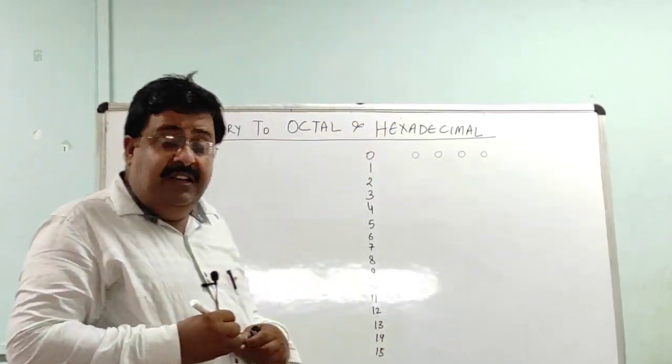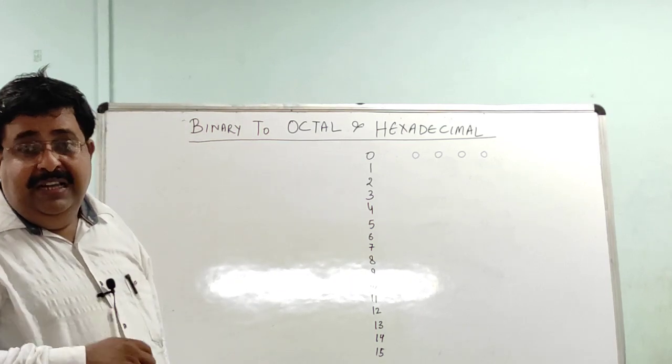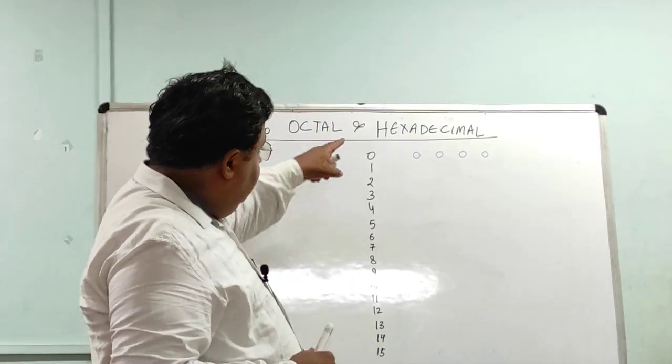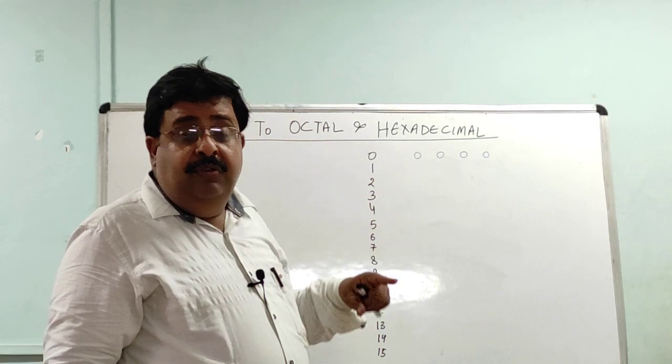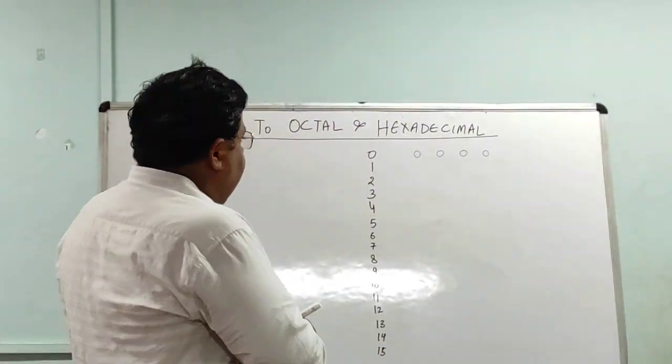Now, you may wonder why I put only 4 zeros. Why not less? Why not more? Why exactly 4? The reason is these numbers are 16 and 2 raised to the power 4 is also 16.